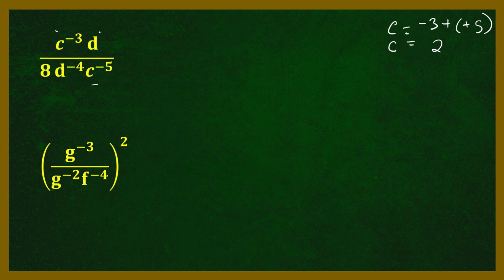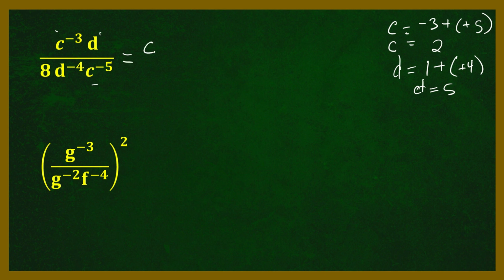So for d here we have d to the first power and d to the negative fourth power. So we'll subtract. We have 1 minus a negative 4, and that gives us 5 for the exponent for our d variable.